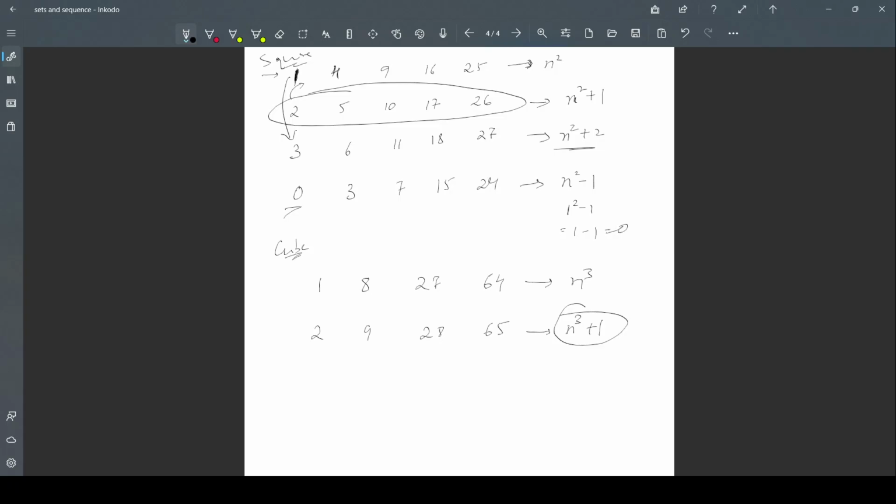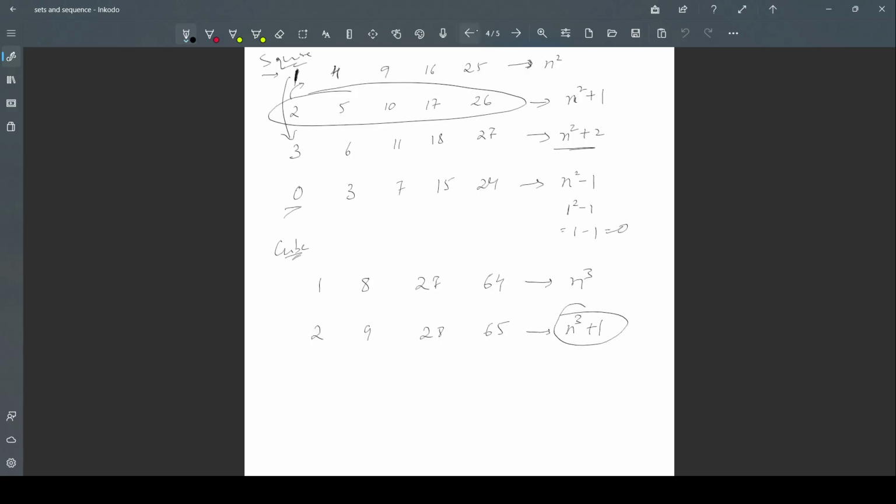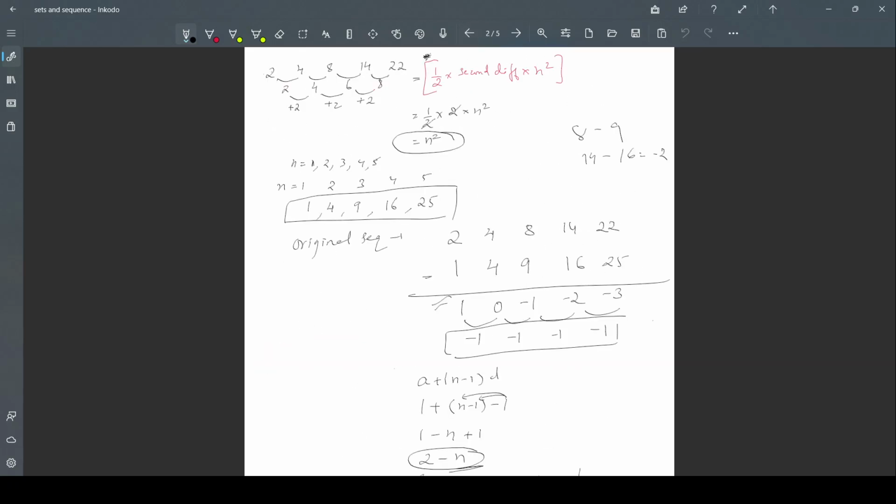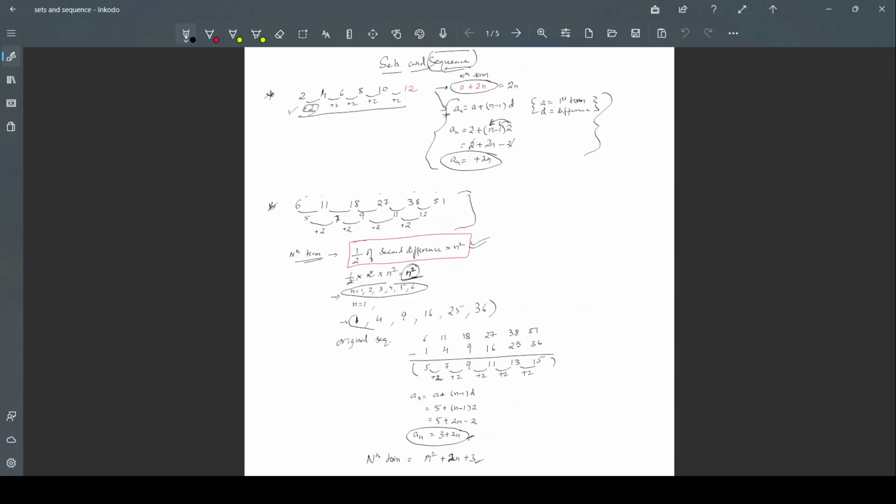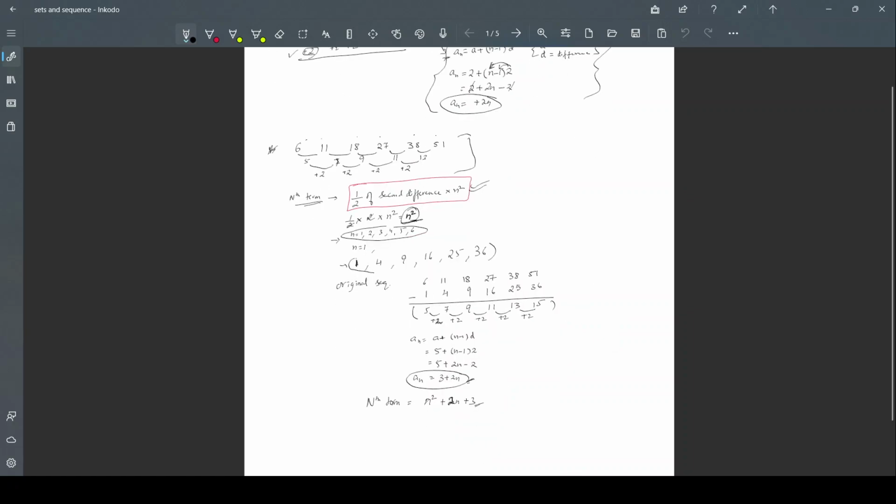So there is one more thing that you need to keep in mind. See, all these things we have discussed are based on squares, cubes, and the value of the nth term when we have it in the first difference, when we have it in the second difference.